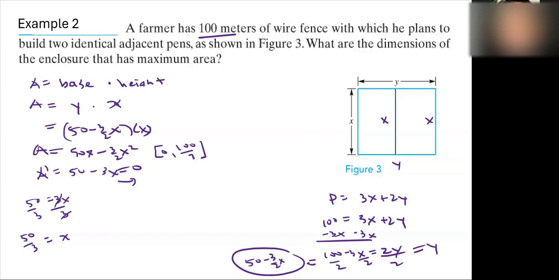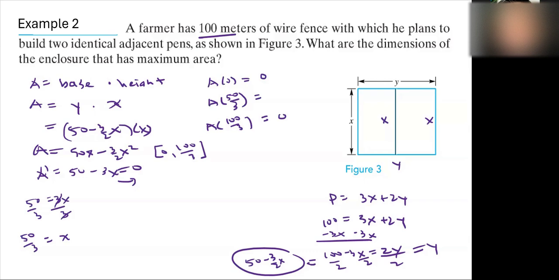So let's go ahead and figure out which is going to give us the maximum area. So we have A of 0, then A of 50 over 3. That looks terrible. Let's rewrite that. Okay, and then we have area of 100 over 3. Okay. When we put that in the calculator, we're going to get 0 for A of 0, and then 0 for 100 over 3.